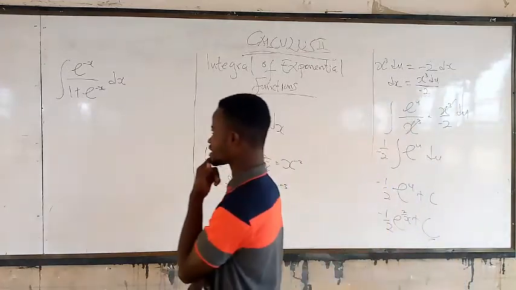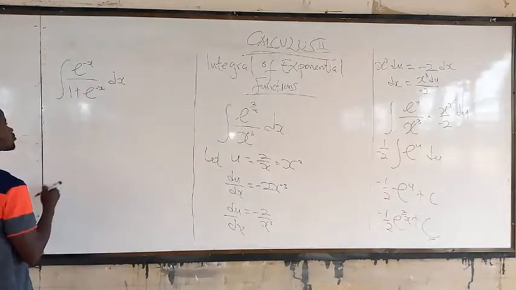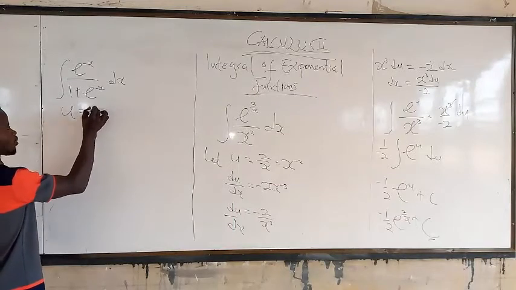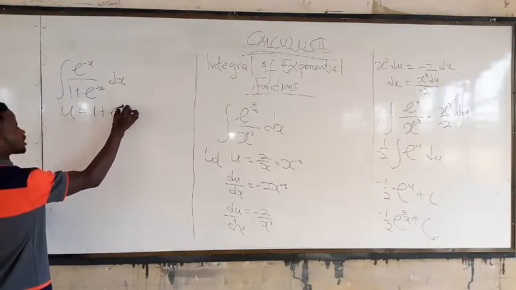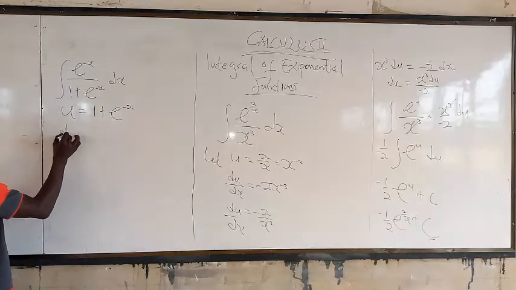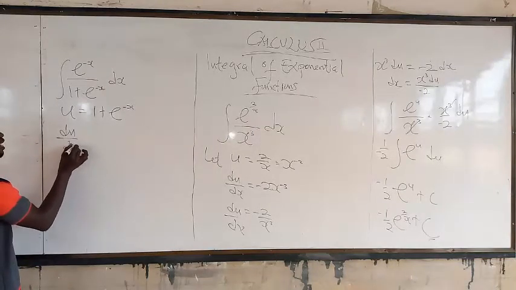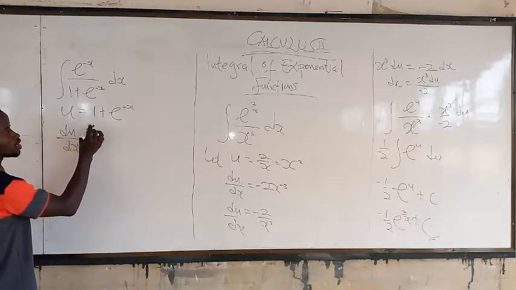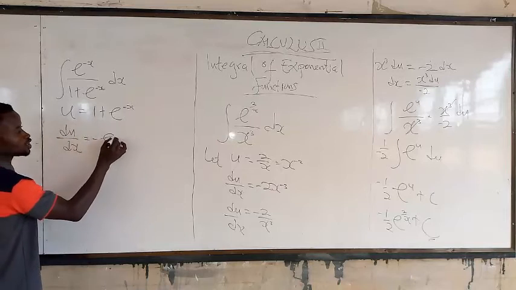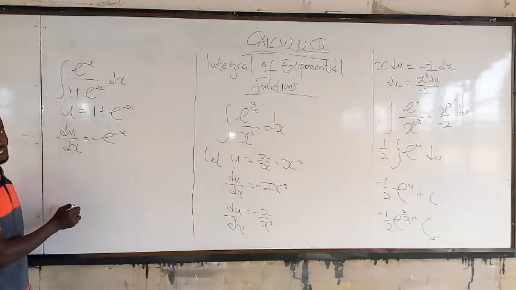So let's try this and see. U is equal to 1 plus e raised to the power negative s. So du ds is going to differentiate it. You get negative e raised to the power negative s. Hope you can see that.